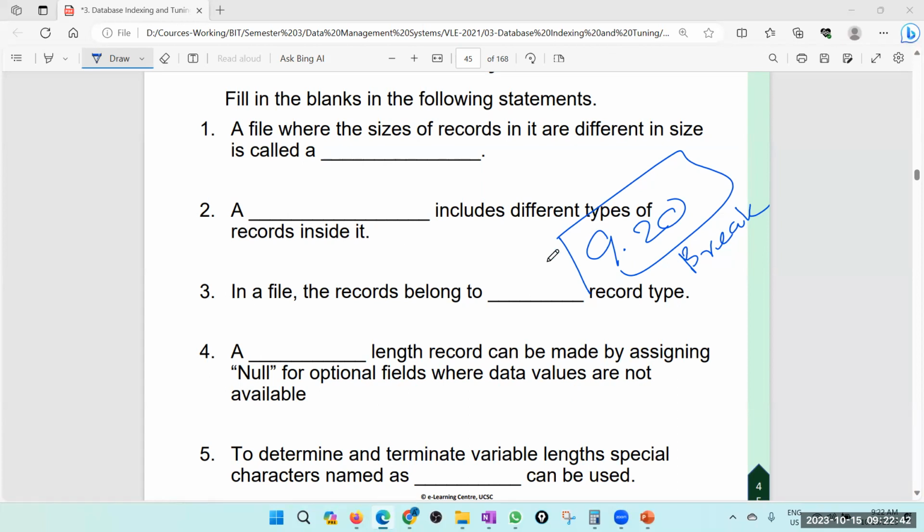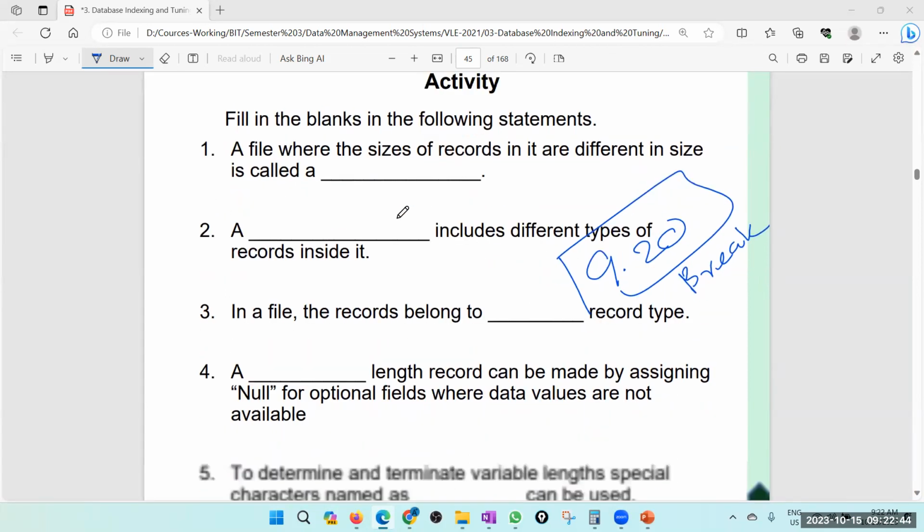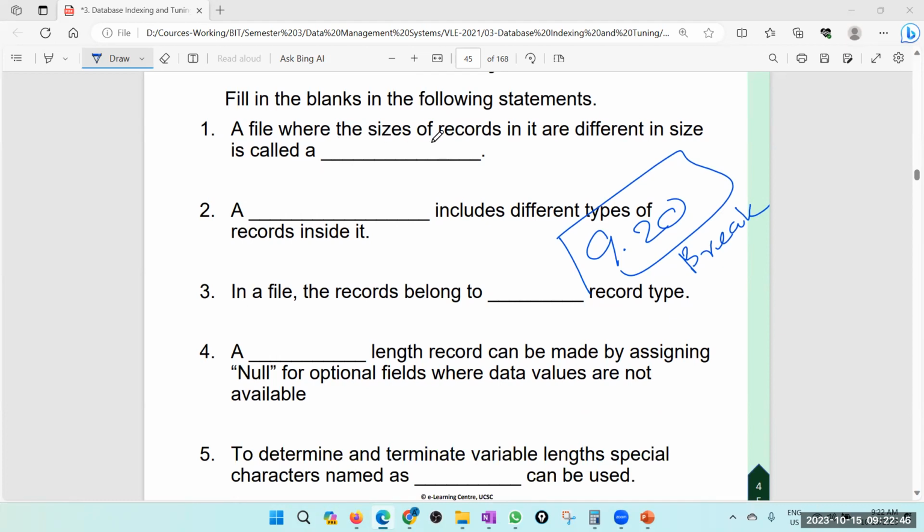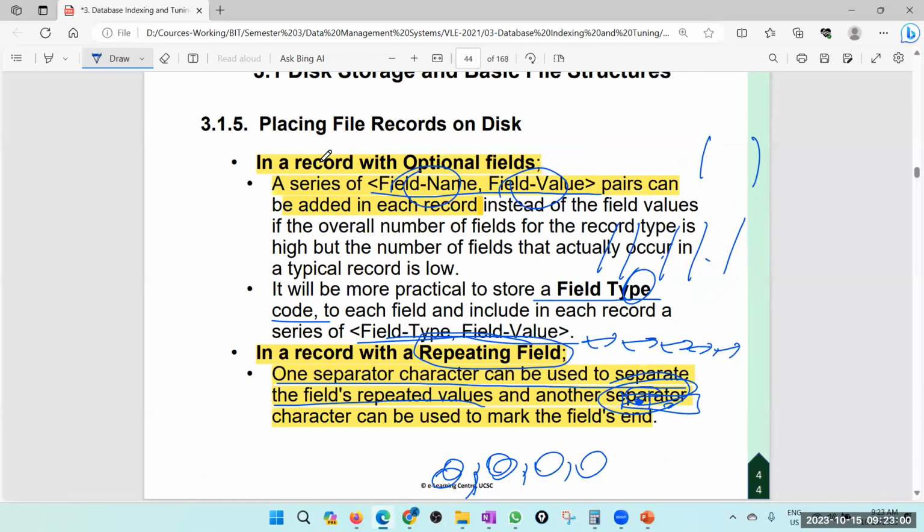Okay, so let's continue. The file where the sizes of records in it are different is called variable length, right? A file where the records are different in size, yes, a variable length file or variable length record file.